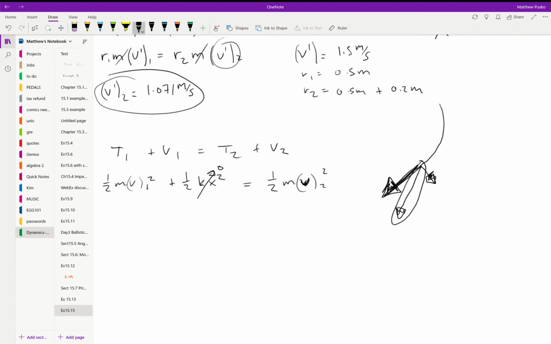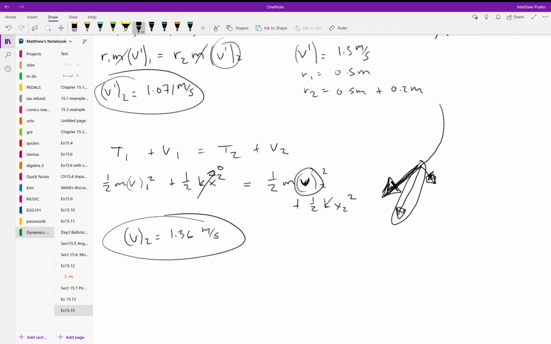And we're also going to have some 1/2 k x2 squared term because the elastic cord is going to stretch a little bit. We have everything except for this, and so we can solve for it. V at 2 is equal to 1.36 meters per second.